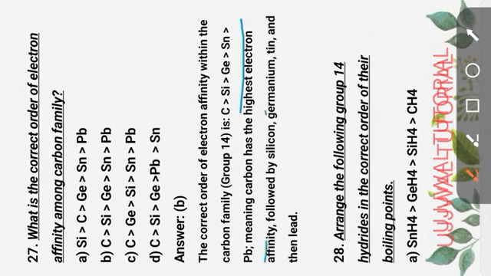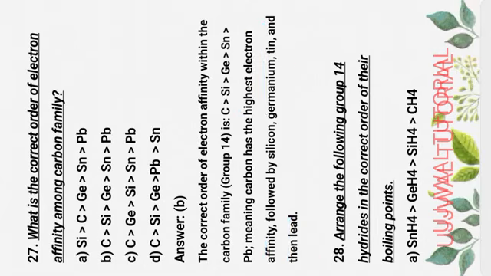Meaning carbon has the highest electron affinity in group 14, followed by silicon, germanium, tin, and then lead, Pb.